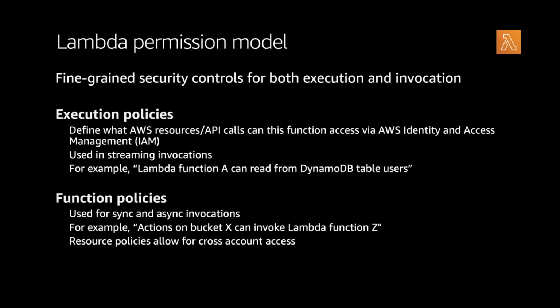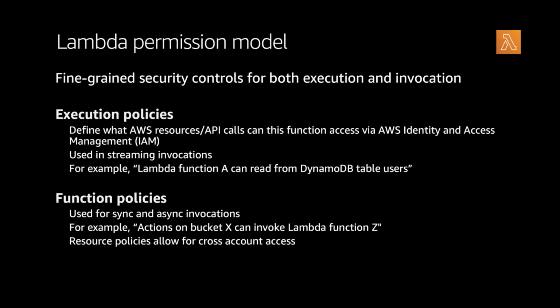And that's aligned with the idea of least privilege. You want your functions and your containers and your EC2 instances to have the minimum permissions when it comes to cloud services. And by default, they have no permission. If you want to read from a DynamoDB table, for example, you have to create an execution policy that provides function A permission to read from that DynamoDB table.